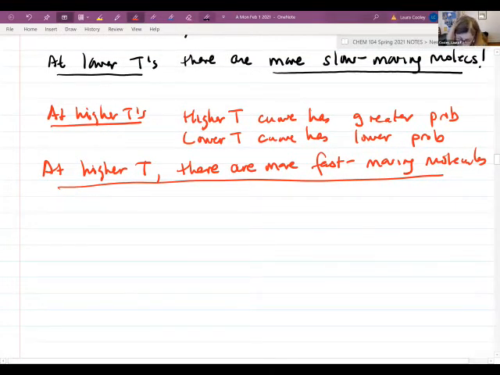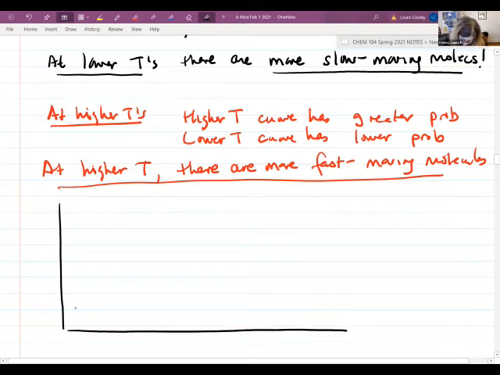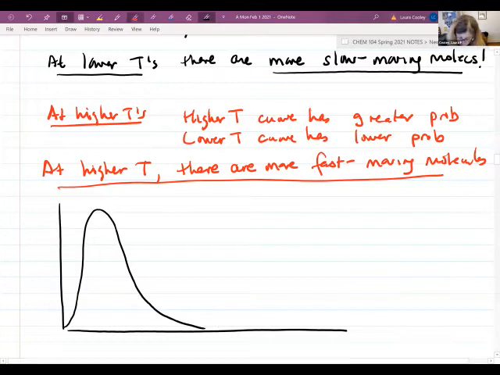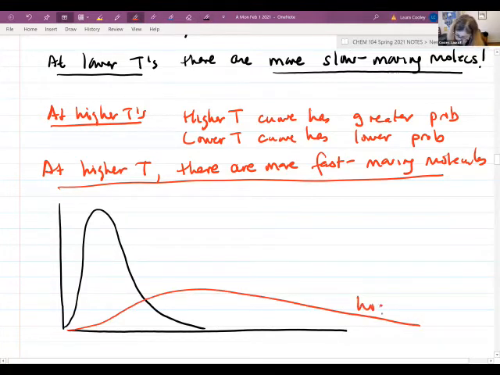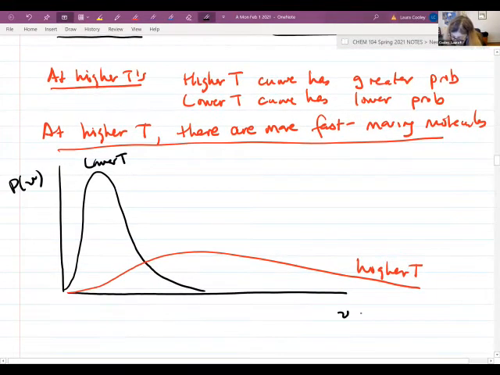So let's see what else we got here. Here's the higher temperature. Here's the lower temperature. Here's the higher temperature curve. Okay, sort of more exaggerated. What else can we see in this curve? The first thing is that this is the bulk of molecules here.